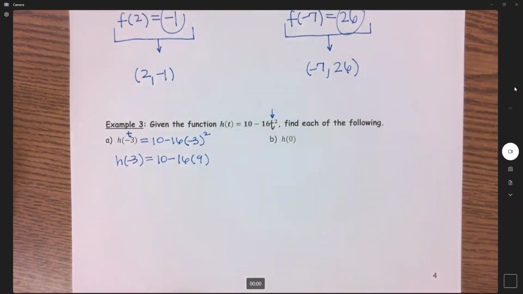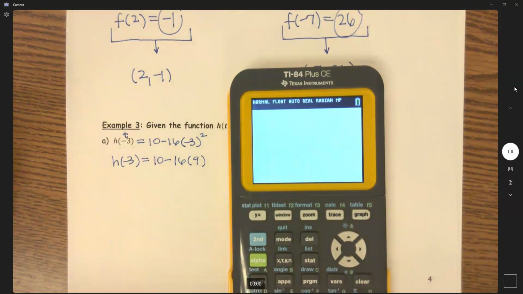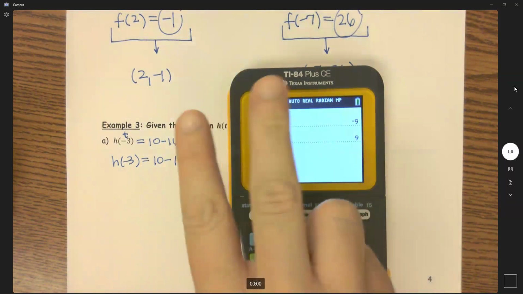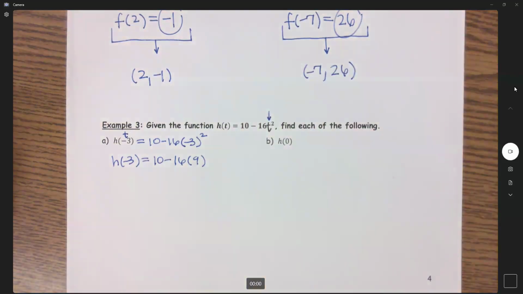Here is why it is so important that you put this in parentheses. If I don't put parentheses and I just do negative 3 squared, that comes out to a negative 9. But when I put parentheses, that becomes positive because negative 3 times negative 3 is a positive 9. So always substitute in with parentheses and be careful with that.